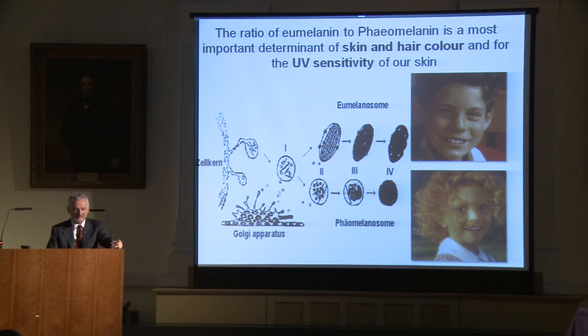And you see here, if you have many eumelanosomes, they look like that, more oval shaped, you will be more with the darker skin, with darker hair, whereas if you have more pheomelanosomes, it will be more into the blonde or reddish direction.